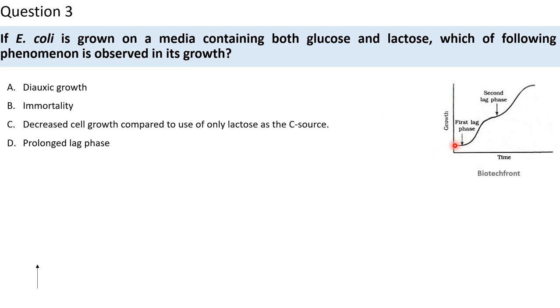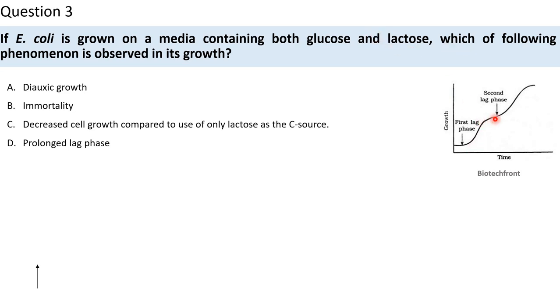As glucose is already available, E. coli will start consuming glucose first. This is the lag phase for glucose, and then the exponential phase will be attained, and once the glucose is over, the organism will start using the second carbon source, which is nothing but lactose.